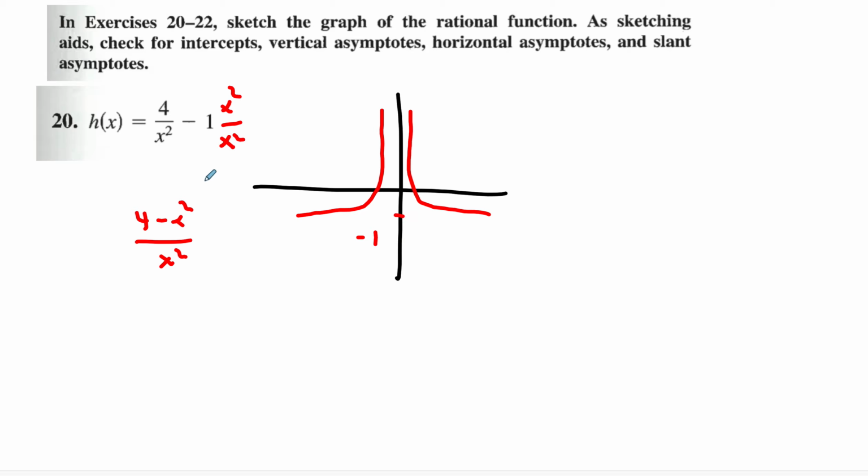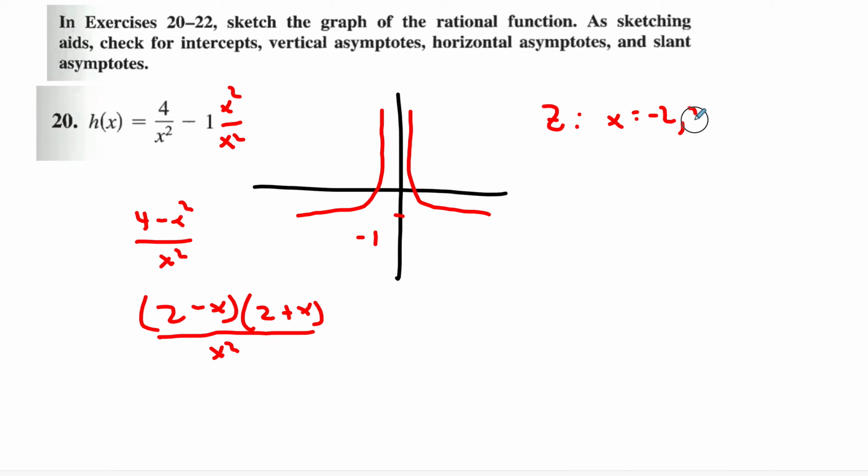So we got that. And we also know 4 minus x squared, well, that is the same as what? If I factor it, 2 minus x times 2 plus x over x squared. So it tells me that the zeros are going to be x equals negative 2 and 2.